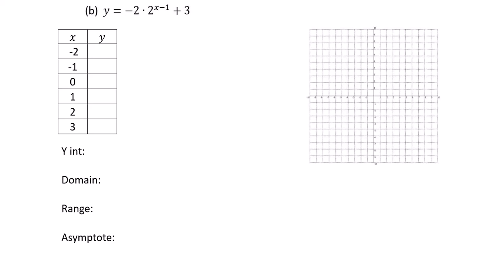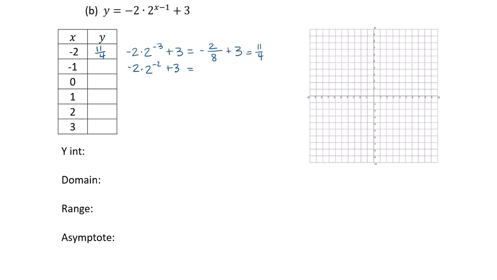So when I'm putting my numbers in here, let's say that I have an x of negative 2. So this would be negative 2 times 2 to the negative 3, plus 3, which is negative 2 over 2 cubed, which is 8, plus 3. I end up with 11 fourths. If x was negative 1, I'd have negative 2 times 2 to the negative 1 minus 1, which is negative 2, plus 3.